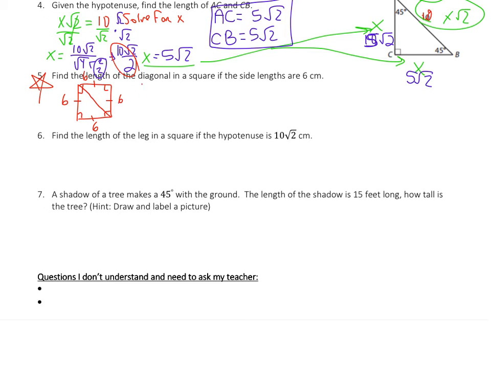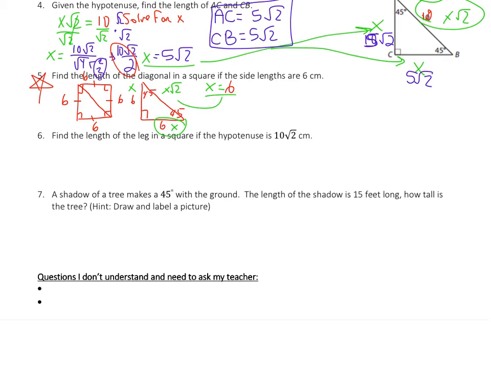So really you just need to look at one of those triangles, and we know since it is a square and both of these sides are 6, that means that the other 2 angles inside are 45. So if we label our sides as x, x, x square root 2, we need to set it equal, so that means our green x equals 6.